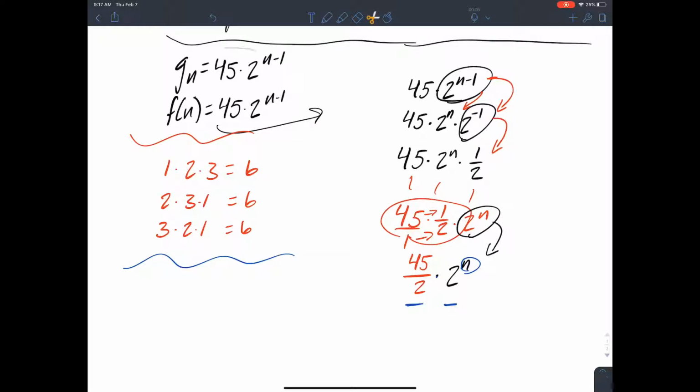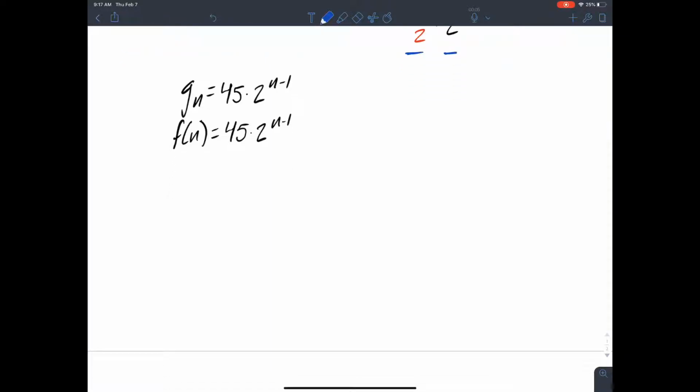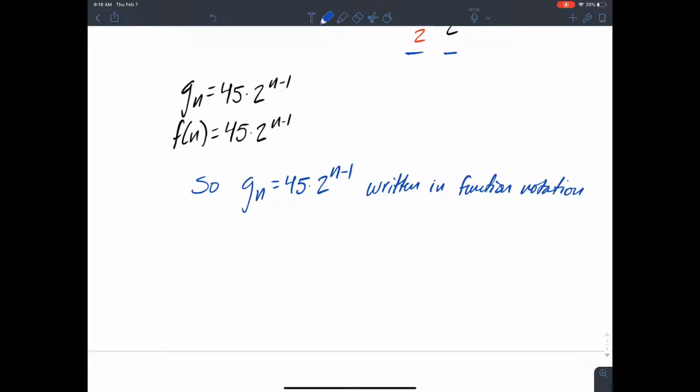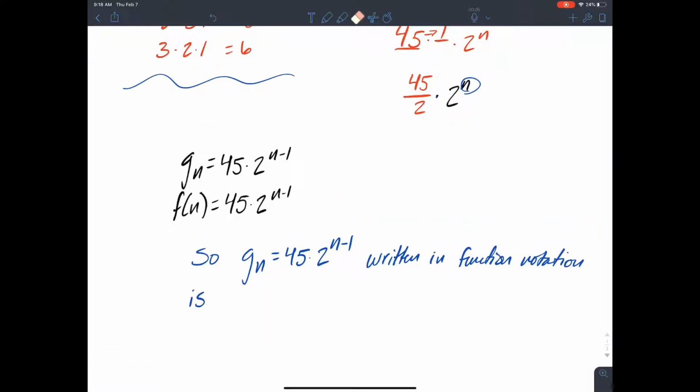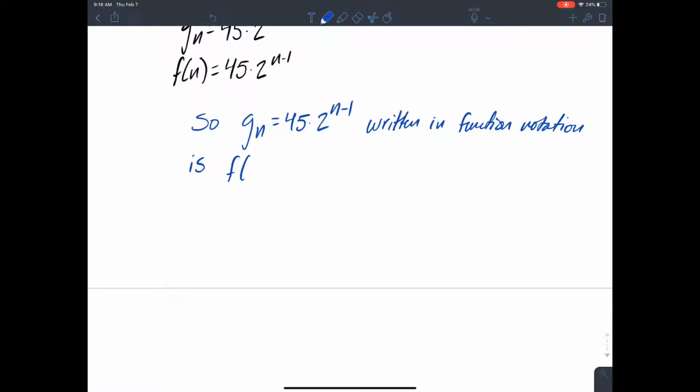So I'm going to rewrite the whole thing. g sub n equals 45 times 2 to the n minus 1, written in function notation, is all of this right here: f of n equals 45 over 2 times 2 to the n.